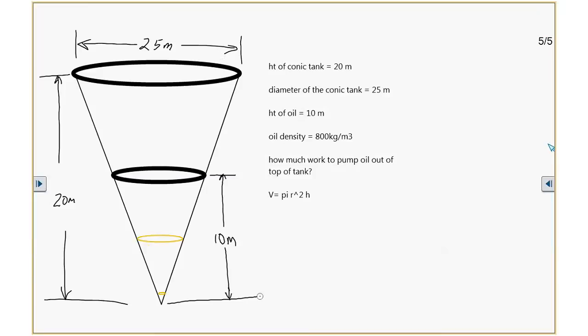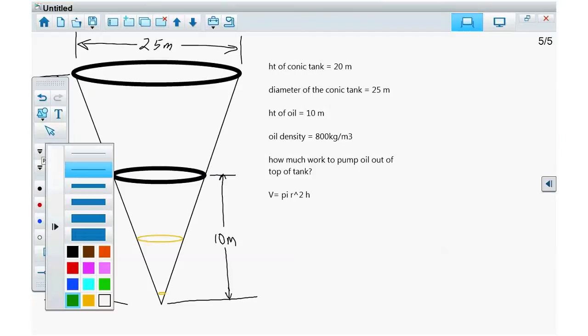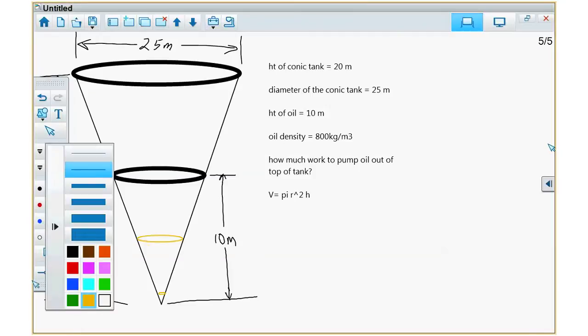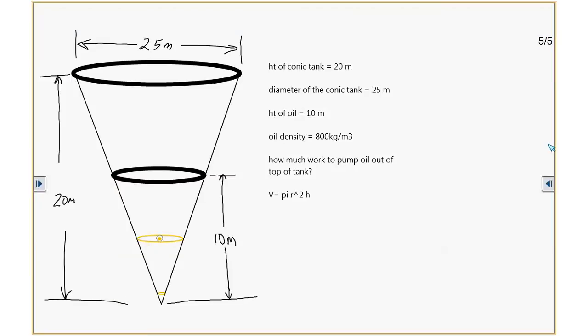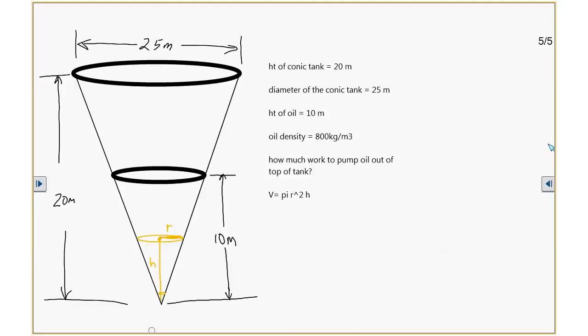Now your first objective, and I'm going to write this in yellow, because you need to think of this plunger. This plunger is your main objective in starting this problem. You've got to figure out the relationship from the radius of this yellow circle to the height of this circle of the conic section.